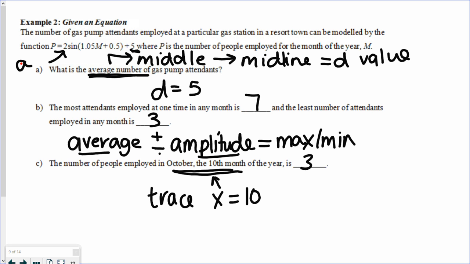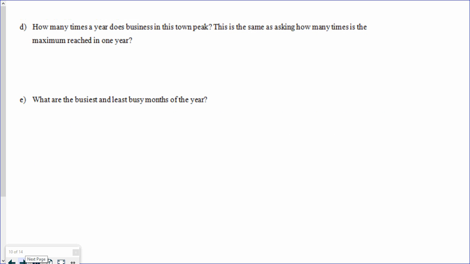It says, how many times a year does the business in this town peak? That would kind of correlate to having lots of people employed at the gas station. This is the same as asking how many times the maximum is reached in one year. So if you look over the course of 12 months, representing a year, how many times does your graph actually reach its maximum?